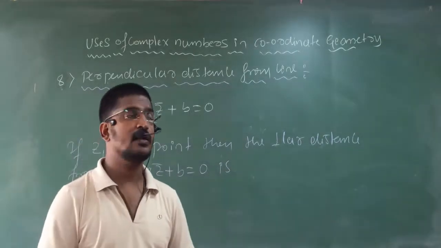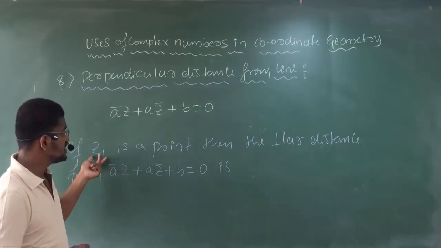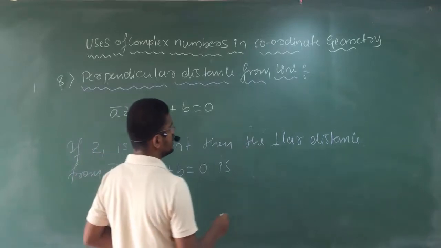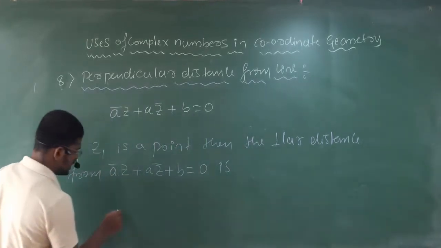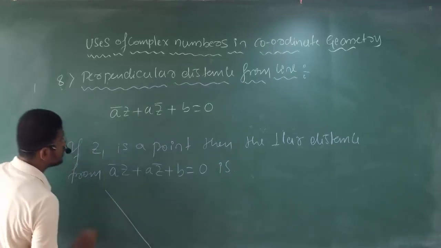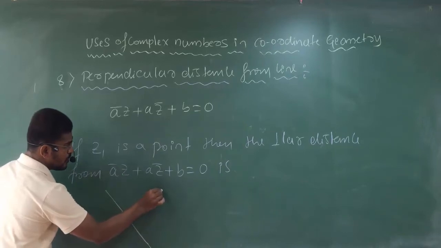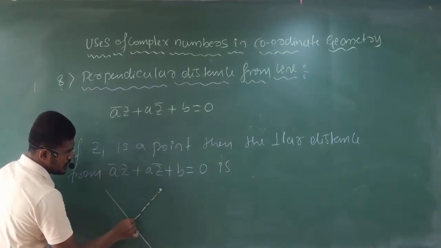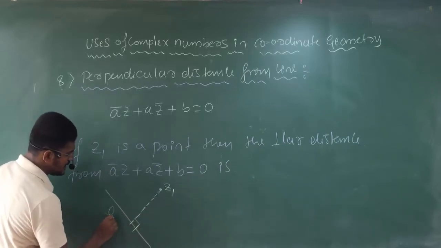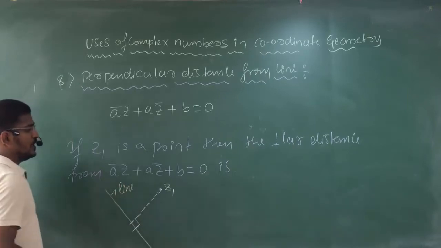That I will discuss here. Clear? So this is the general equation of line. You have one point Z1. Now you want to calculate the perpendicular distance. That means suppose this is the line given by A bar z plus A z bar plus b equal to 0. The perpendicular distance of Z1 from the line L, from this line, let us find.